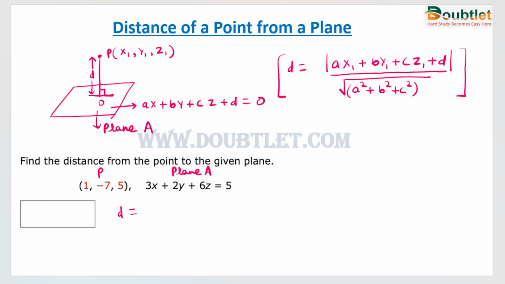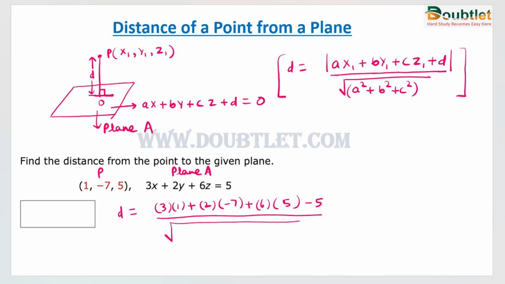D is equal to 3 multiplied by 1, then 2 multiplied by minus 7, then 6 multiplied by 5, and then we have to take this 5 to the left hand side to convert the plane equation in general form, divided by the square root of the coefficient of x, 3 square, coefficient of y, 2 square, coefficient of z, 6 square. And now we need to take the magnitude of the numerator.